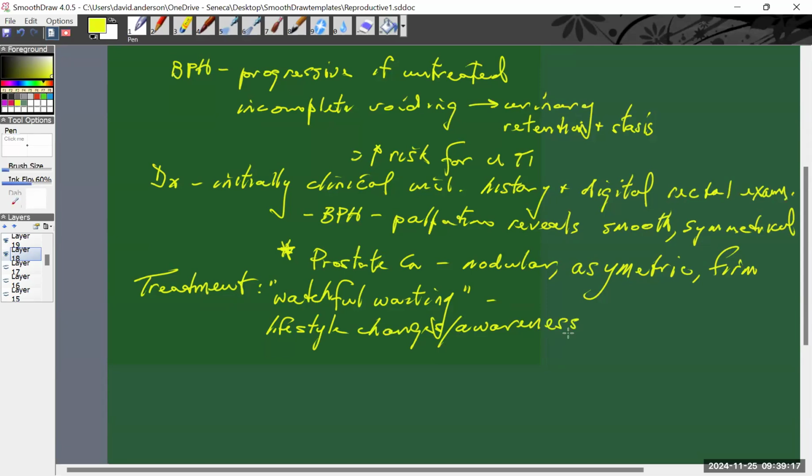And then if those are not enough to improve the quality of life, then more invasive measures can be taken. There are some medications that can be suggested, and even surgery to remove at least part of the prostate gland to relieve those symptoms.